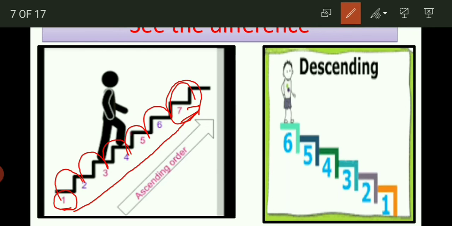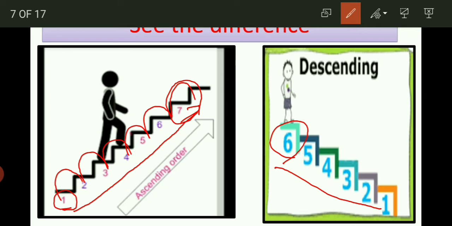Likewise, here I have taken numbers from 6 to 1. So in descending order, what do we have to do? We have to search for the greatest number. I have taken the greatest number among these six numbers, that is 6. So 6 will be in the beginning.